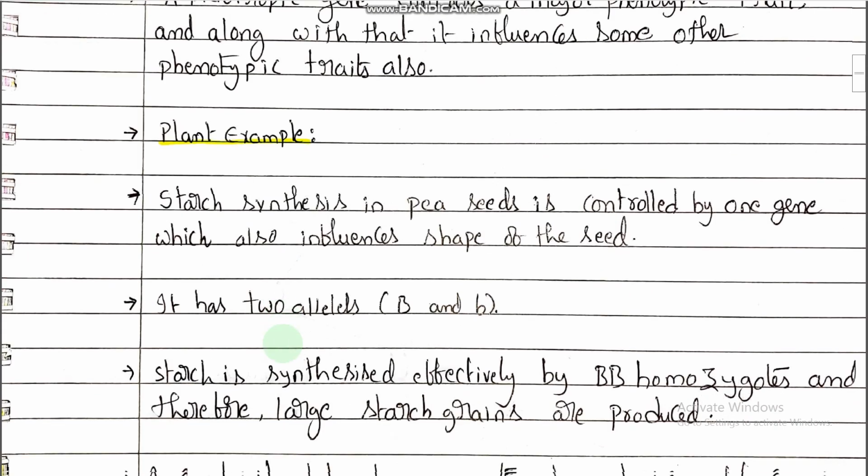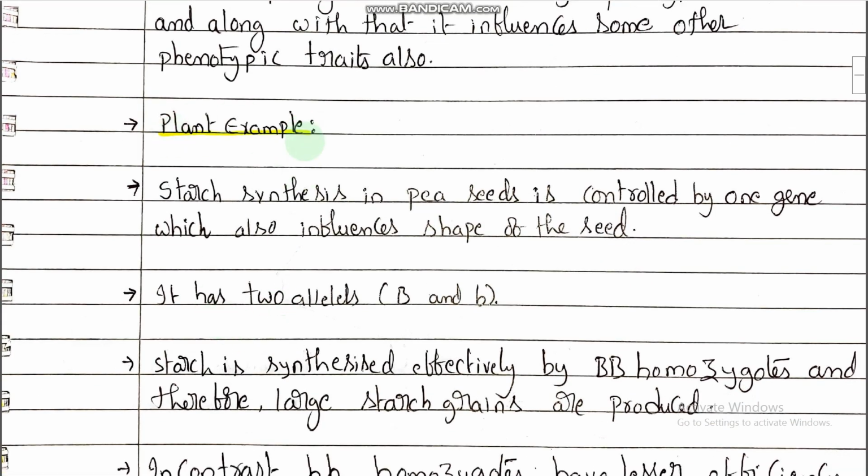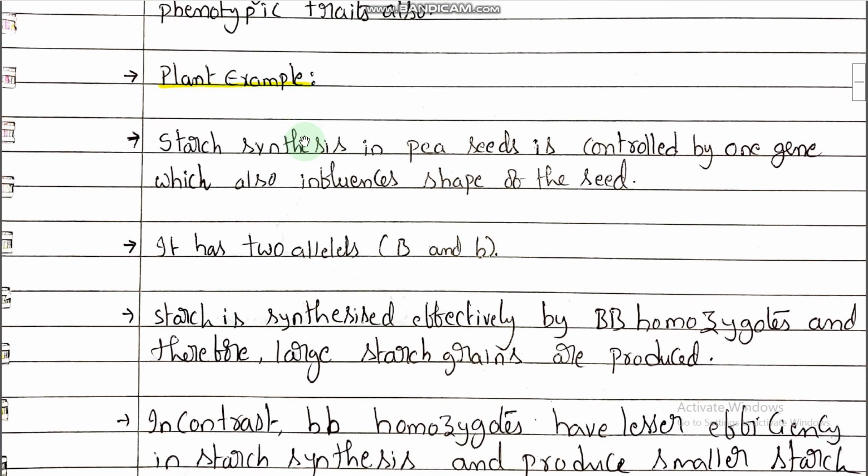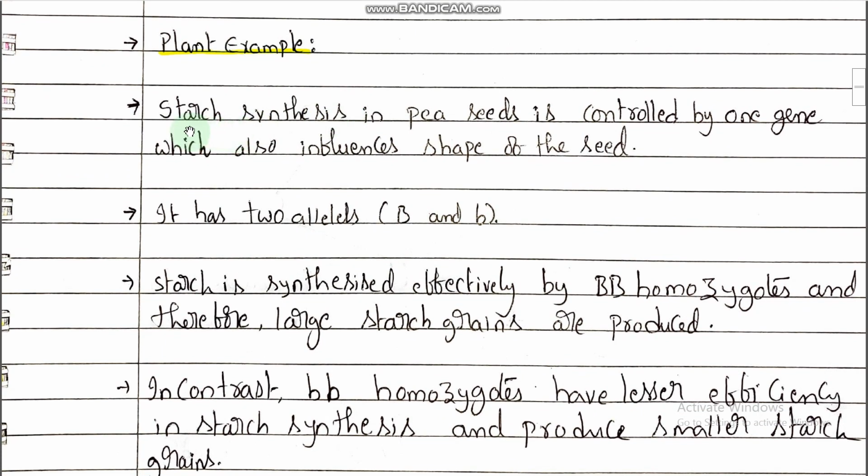Let us discuss the plant example. What is meant by pleiotropy? One gene controls more than one phenotypic character. And in plants, what is the example of pleiotropy?